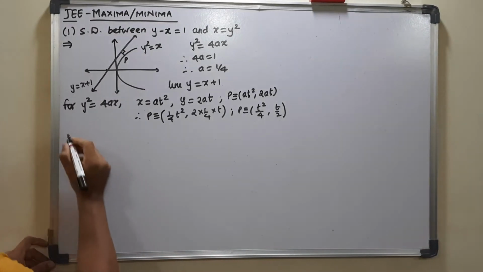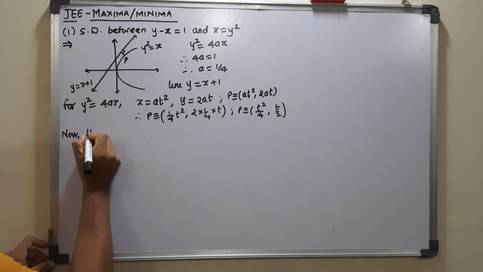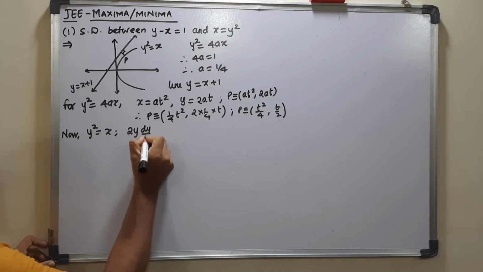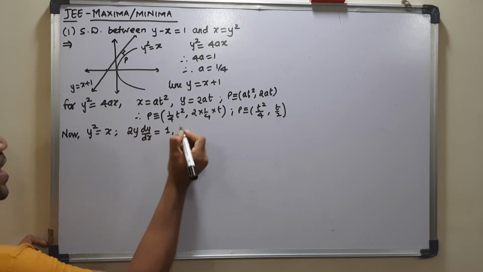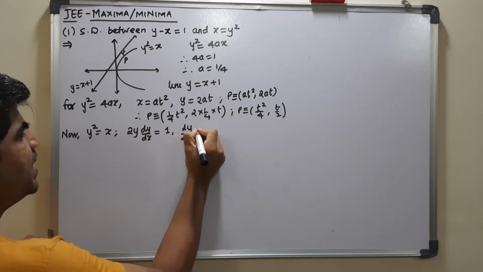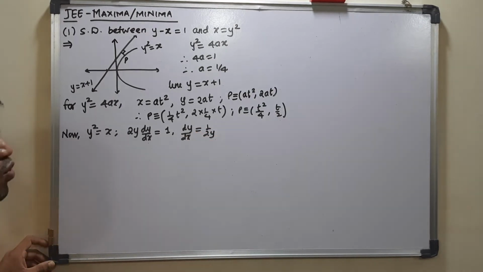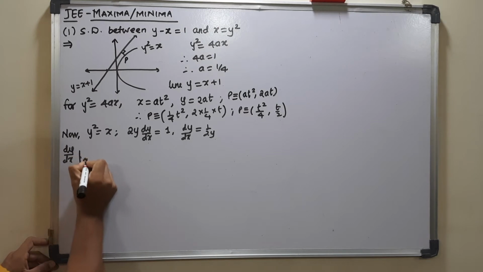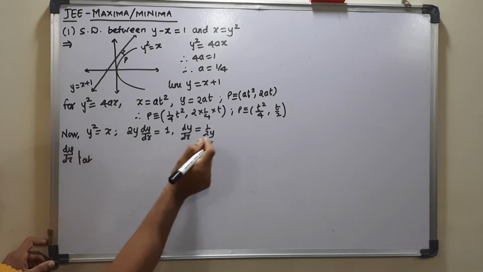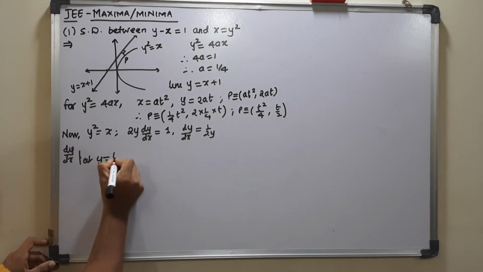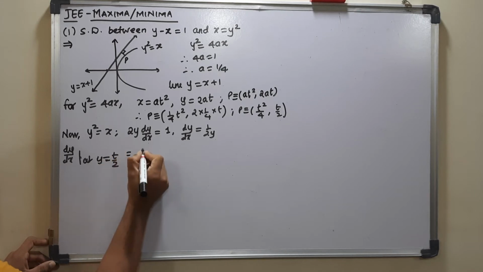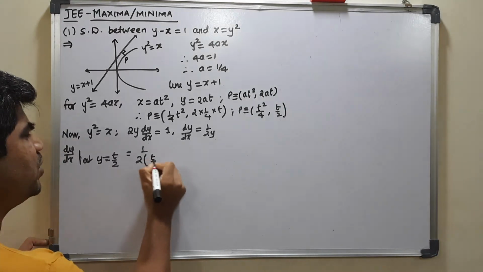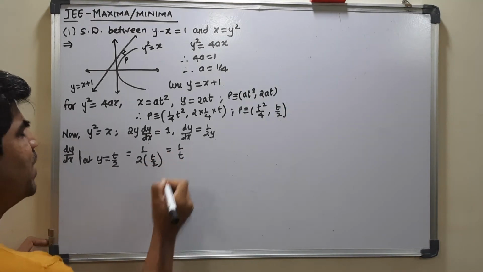The working plan is like this. So now when I differentiate y square is equal to x, so you get 2y dy by dx is equal to 1, indicating dy by dx is equal to 1 by 2y. So dy by dx at y is equal to t by 2 is equal to 1 by 2, and y is t by 2, indicating 1 by t.